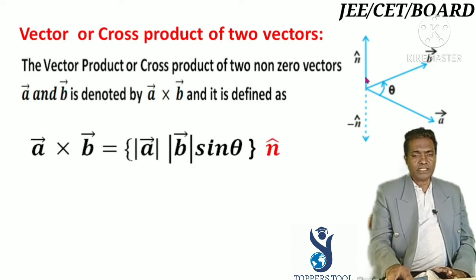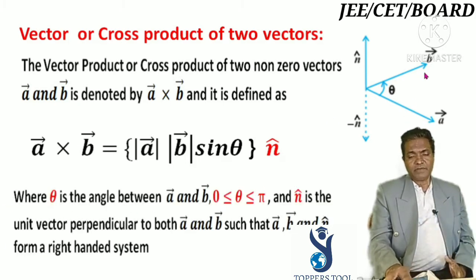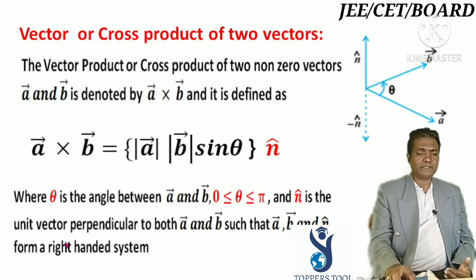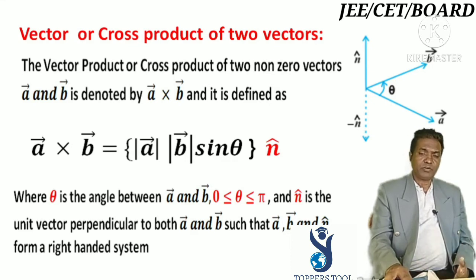It is a unit vector perpendicular to vector A and vector B. Theta is the angle between vectors A and B, which ranges from 0 to pi, and n cap is the unit vector perpendicular to A and B. As I mentioned, this system is the rectangular coordinate system or right hand system.